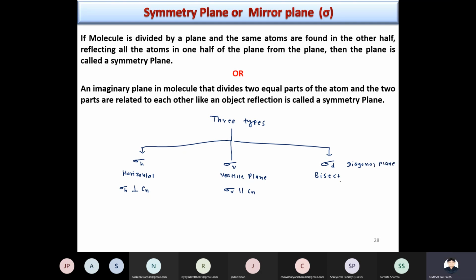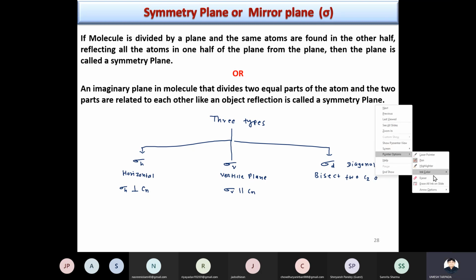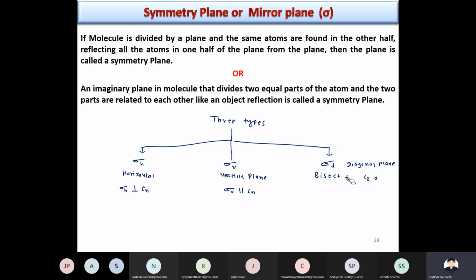This plane generally bisects the C2 axis and the principal axis at 90 degrees, at right angle. Or it is just a vertical plane.